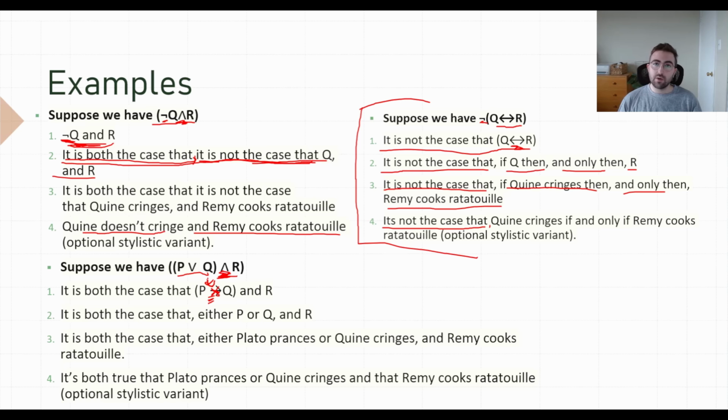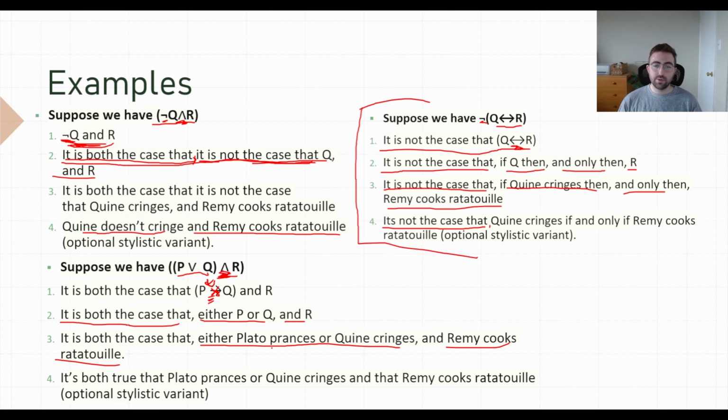And then we translate that one. So we're going to get, it is both the case that either P or Q and R. You can see how the commas there give it a nice chunking structure, right? Well, at this point, there's no more connectives to translate, so we translate the letters, and we get, it is both the case that either Plato prances or Quine cringes, and Remy cooks ratatouille. Great.